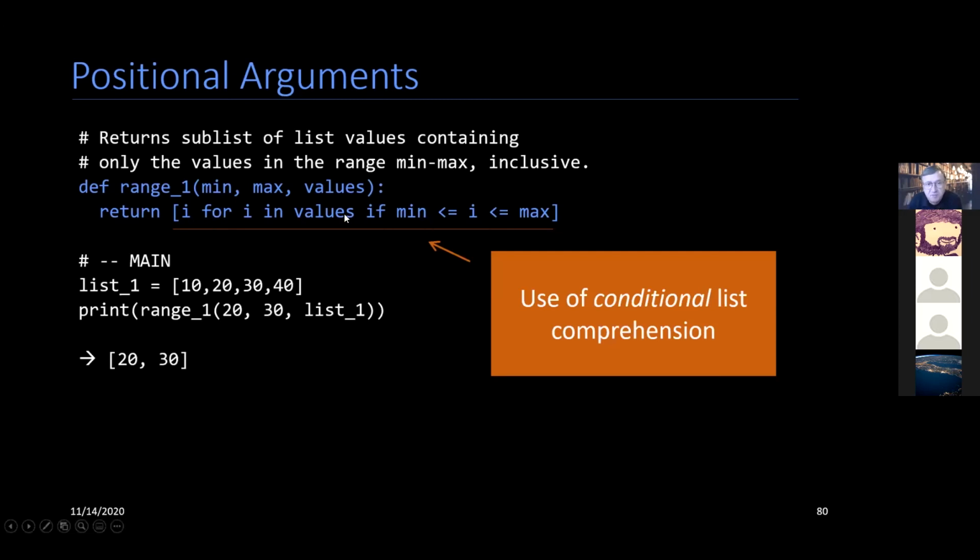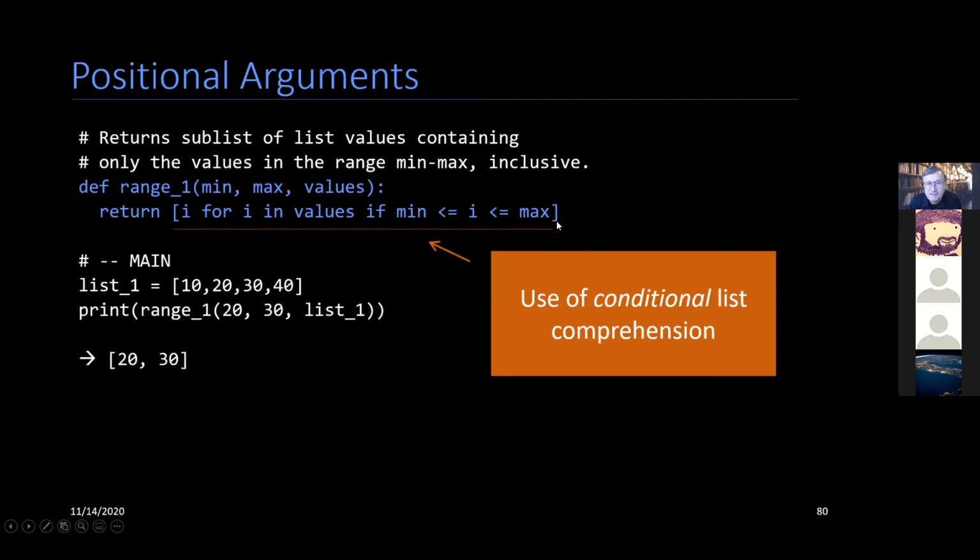Then when the list is produced, it will return the list. So the for loop is within the list. That's why I said it's kind of like an inverted for loop. So it says for each i in this list, one by one, put i in the resulting list only if it's in this range.